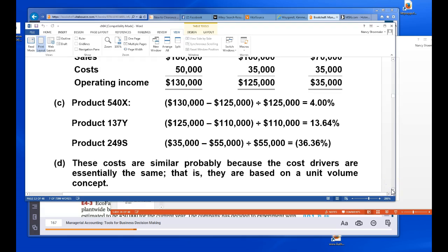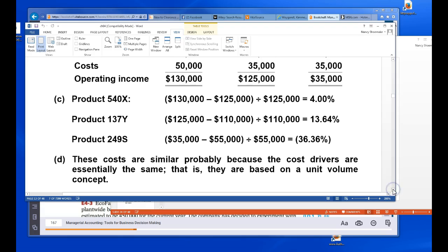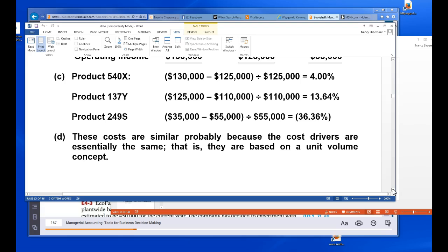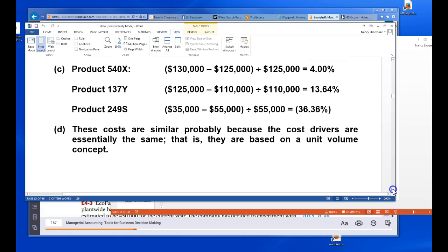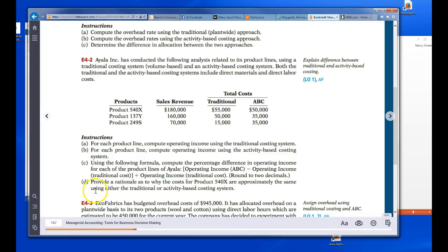And the company has an unrealistic view of what the cost should be for a product, and therefore is undercharging the sales.